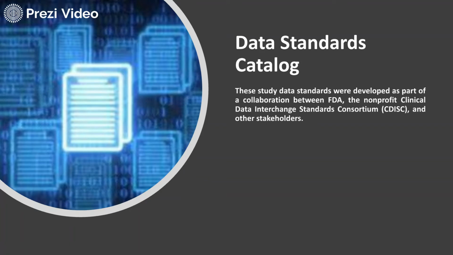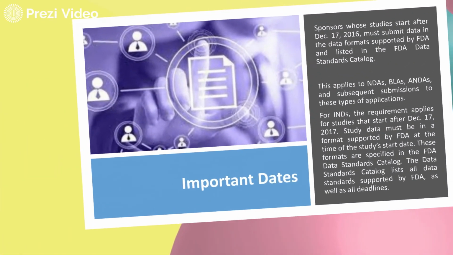The collaboration was to ensure that data pertaining to non-clinical and clinical studies goes to the FDA in a set pattern followed by all the companies, and the standards have been established so that there is uniformity in submissions from different manufacturers and they can be reviewed easily.